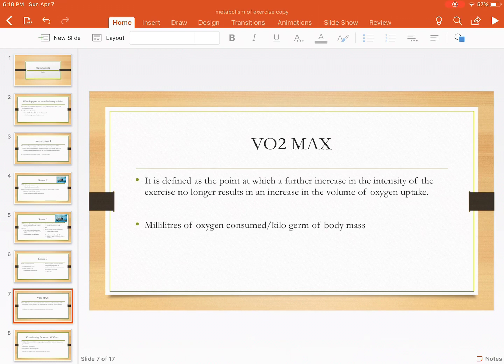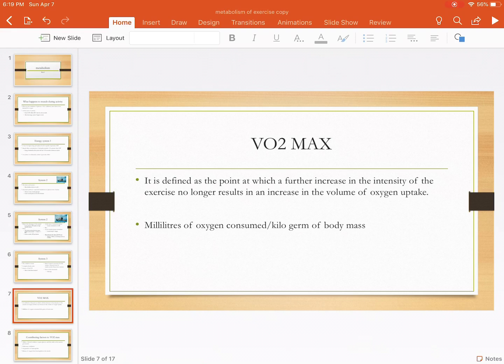Okay? Now, putting it in a simpler way, VO2 max is how much oxygen you can uptake to burn your fuels with. So the higher oxygen you can utilize, the more energy you can get from the fuels you're consuming.